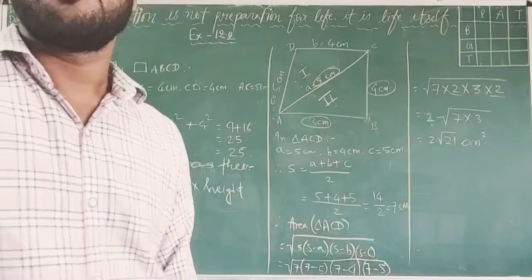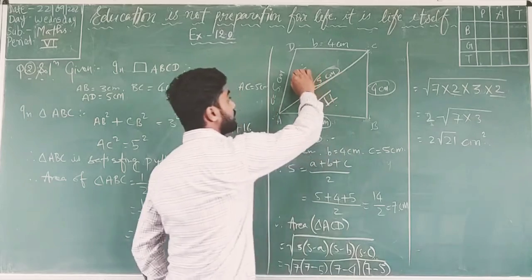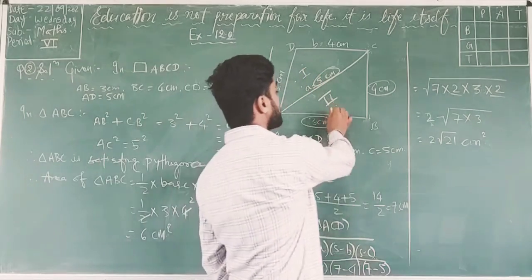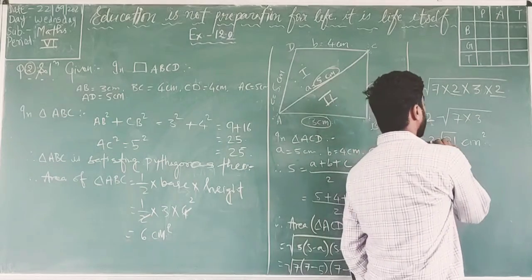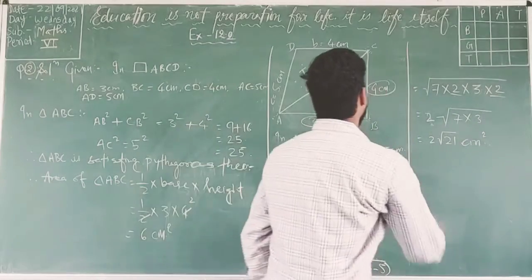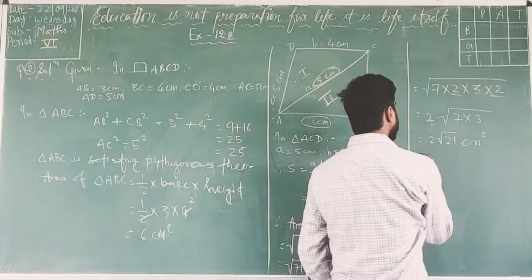Now we have areas of these two triangles. Triangle 1 area is 6 centimeter square and triangle second area is 2 under root 21 centimeter square. And now we have to find the area of quadrilateral ABCD.